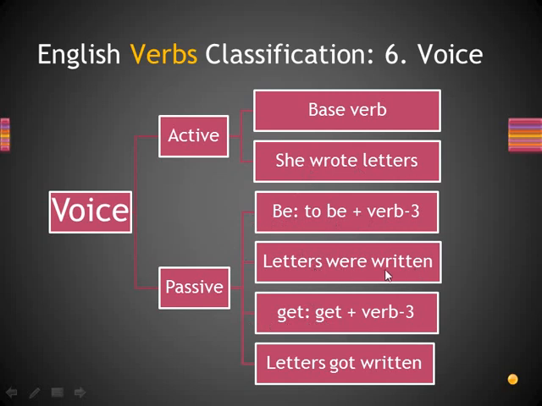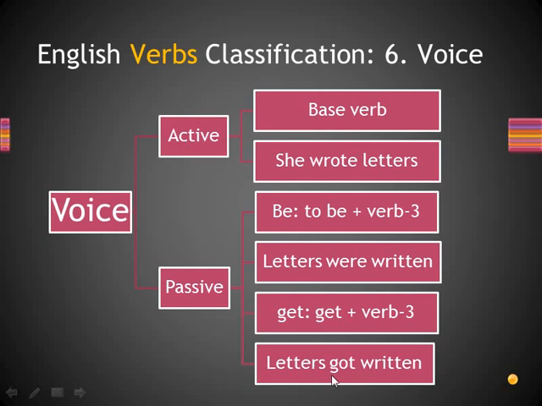So we have verb 3 or past participle written, and before the verb 3 we have to be. And we may also get this one, letters got written. In this case it's also a passive sentence, and the meaning is the same, but usually the second one is for informal.